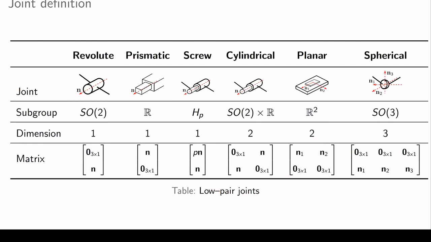Within this framework, we can accommodate the modeling of all the lower pair joints, the revolute, prismatic, skew, cylindrical, planar, and spherical, by changing just a matrix which comes from the Lie derivatives of the relative transformation frame.